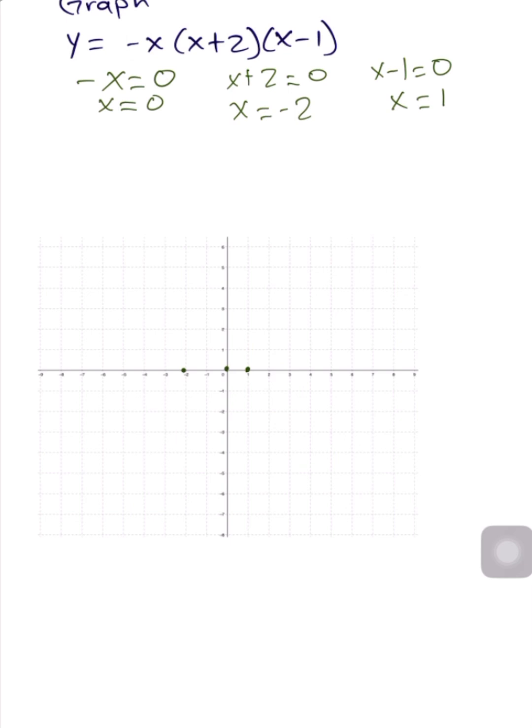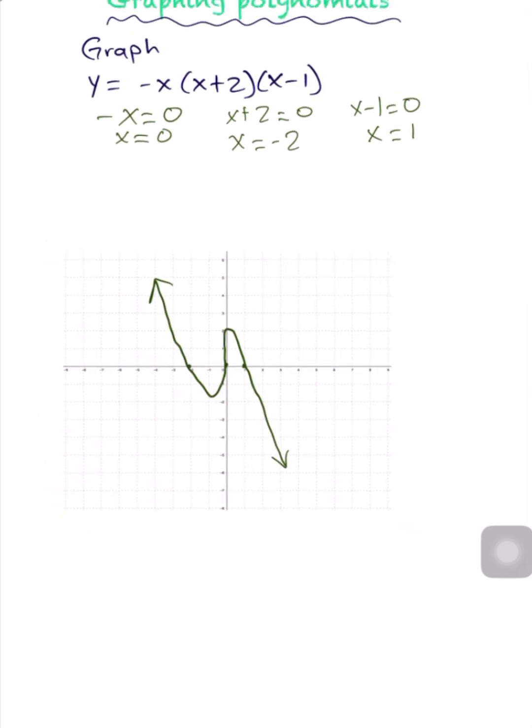And at x equals negative 2, the degree is 1, so you're going to go through those points. So for us, our polynomial graph would look something like that. All right, the key is to start from the bottom and then just go through all your points. And then you're pretty much done. So that's how you graph polynomials.